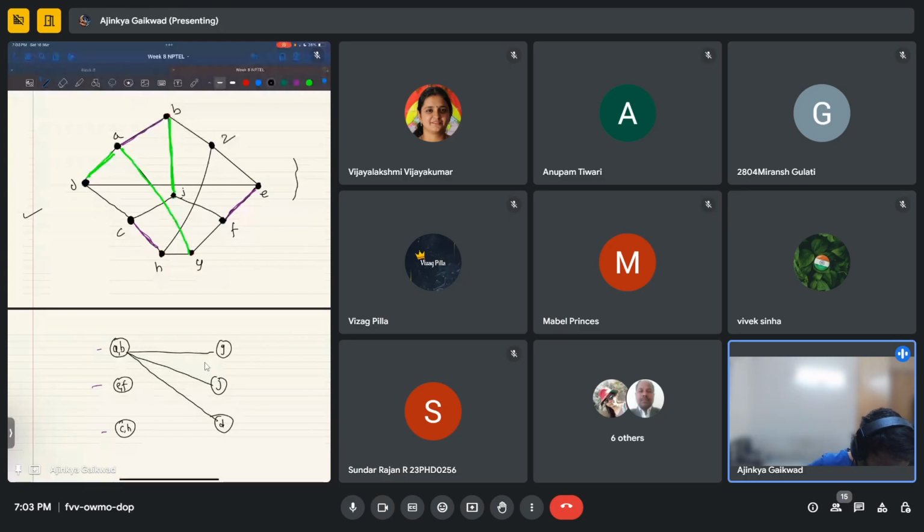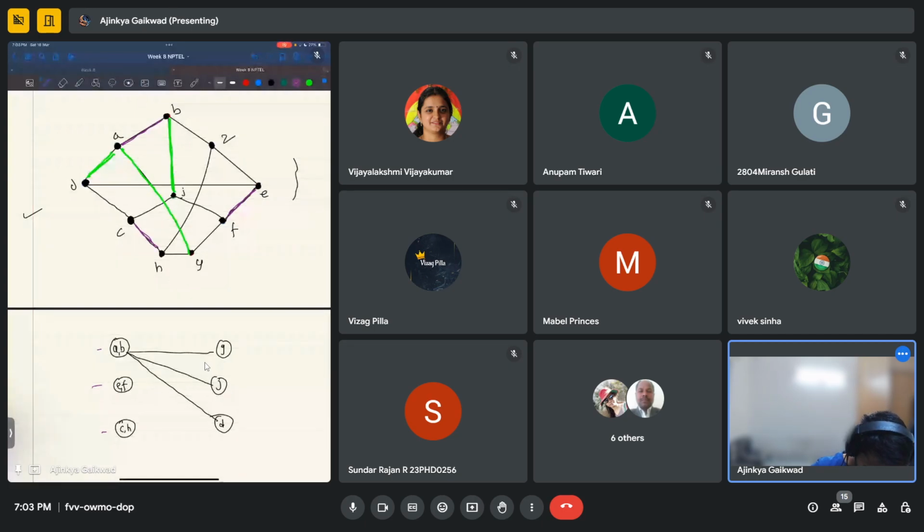Which edges did I contract? A, B, C, H, and EF. So let's do this symmetrically now. Which one should I contract? Wait, let me think.